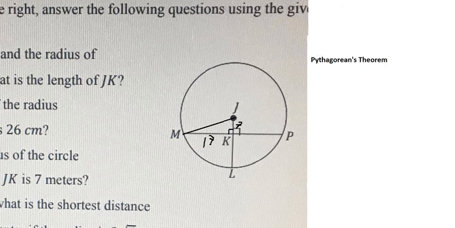So we will have 17 squared plus 7 squared equals MJ squared. We calculate this one, and we got 338.